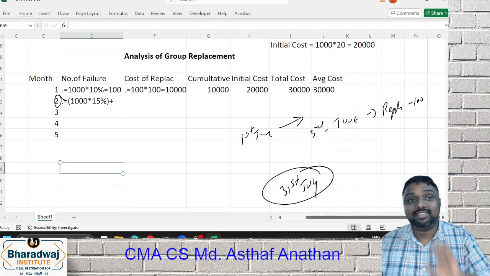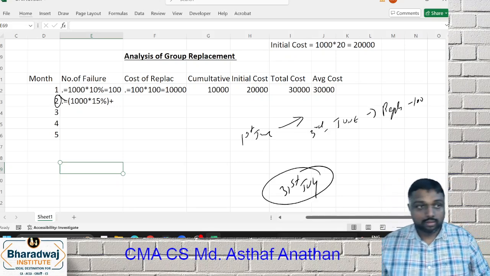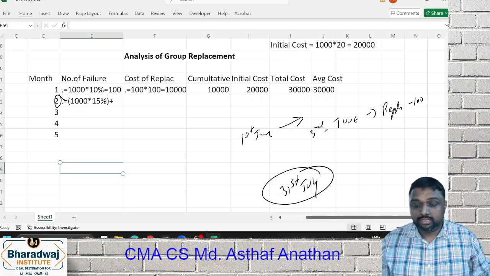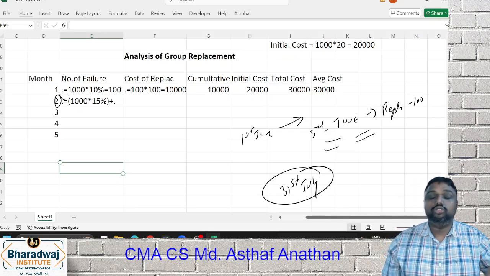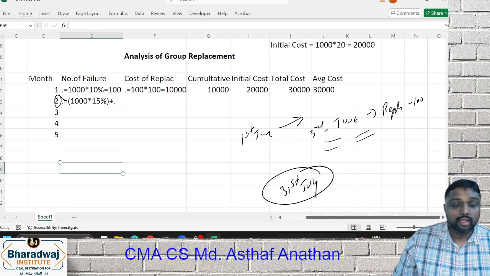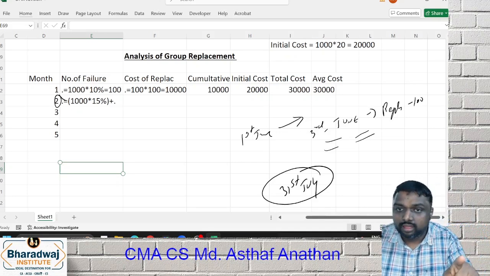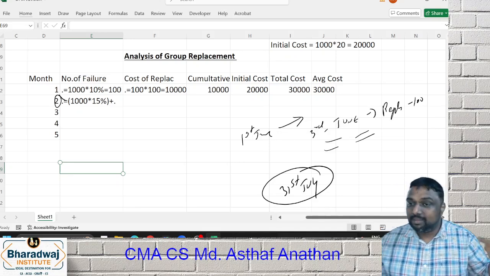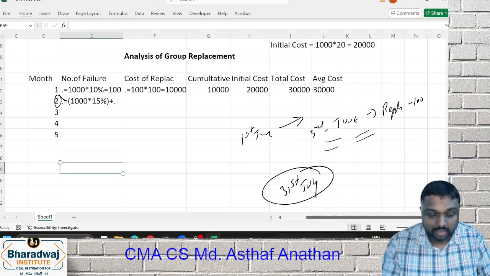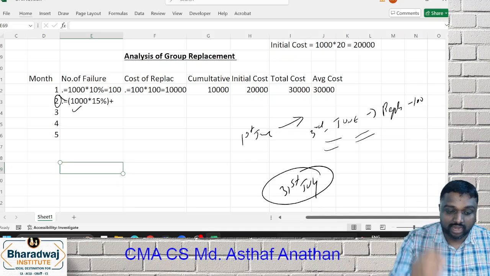Is there any chance? See, whatever bulbs you change between 1st June and 31st July, will there be any chance of failure again? Definitely, it is a bulb only. There is no guarantee. That means this 1000 is original.